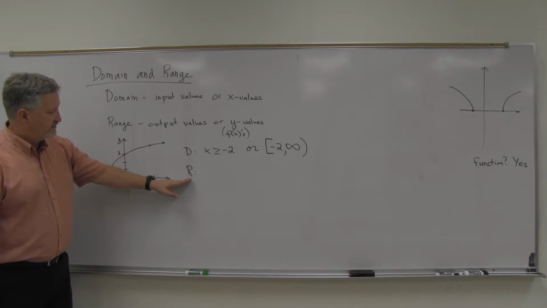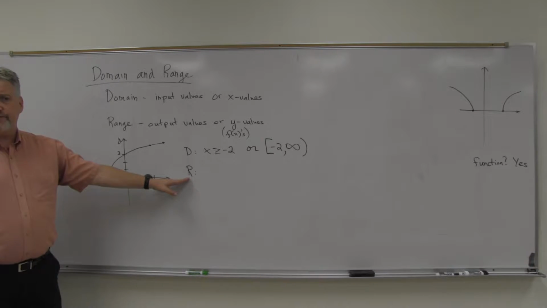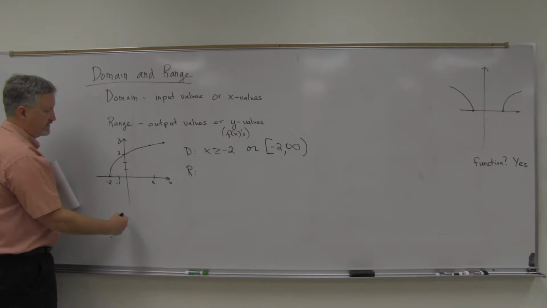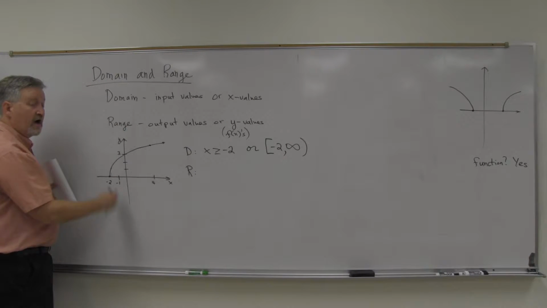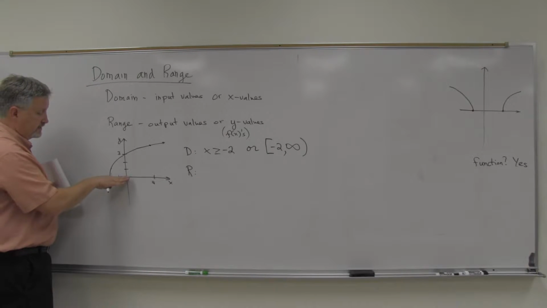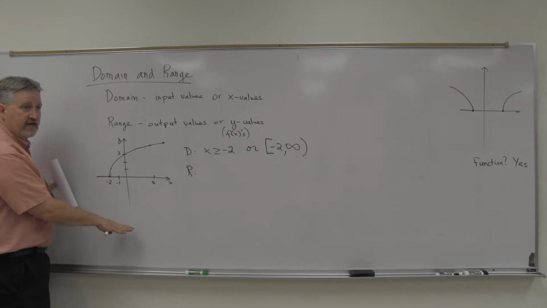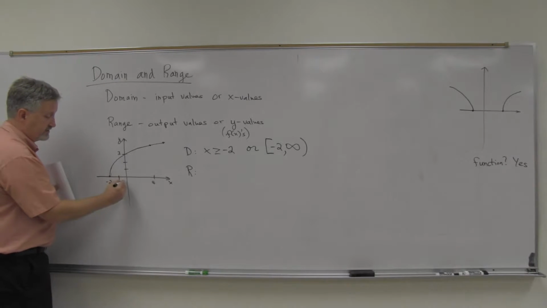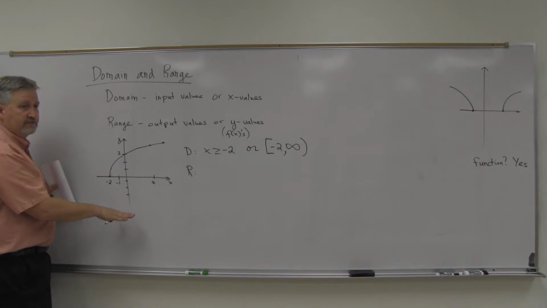Now the range, that's the other side. That's the y values, so we're thinking about the y-axis. What do you see not being in the range, the y values? Negatives. Anything below the x-axis. There's nothing below the x-axis, so there's no -1 for y, no -2, nothing in the negative range for y.